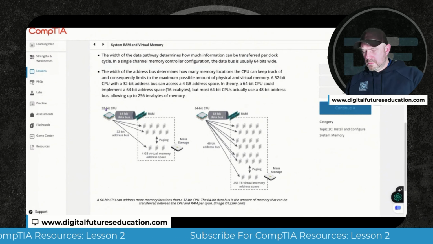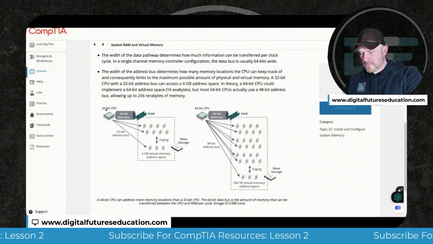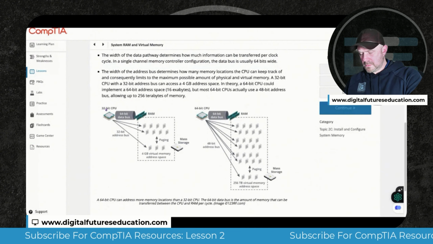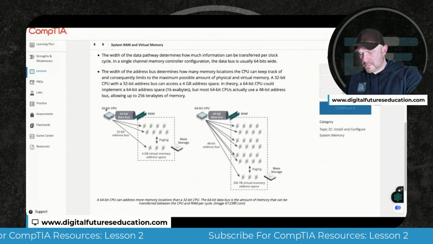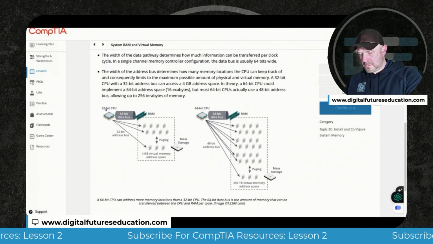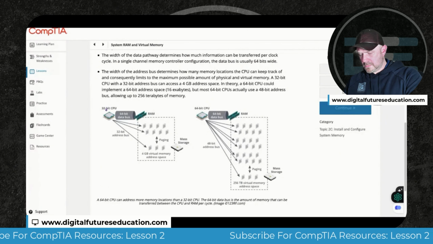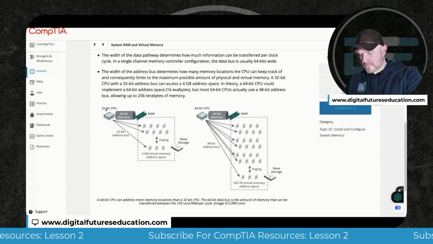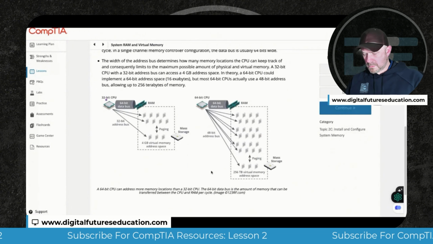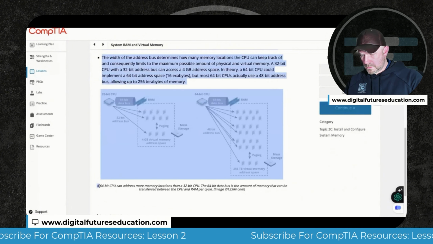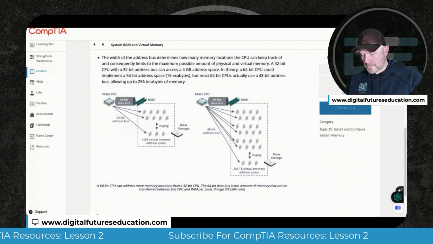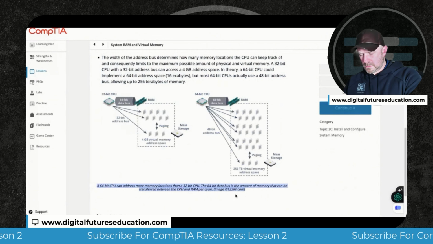So the computer's trying to think, but you can see that 64 is almost twice as much thinking, right? It's doubling. And what that relates to is actually the paging of accessing memory locations and looking for different things as the computer's processing. So a 64-bit CPU can address more memory locations than a 32-bit.